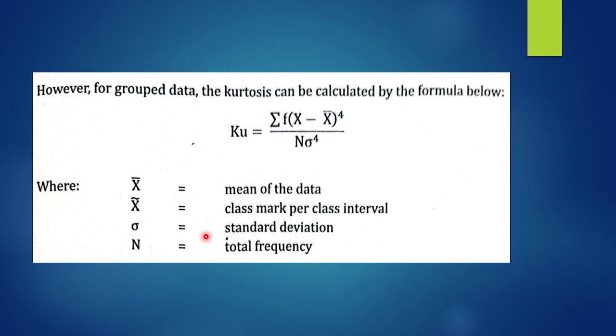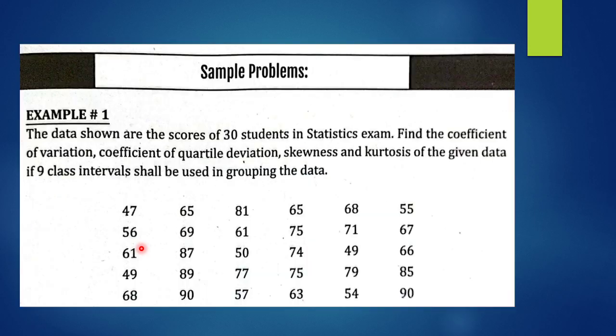So this is the denotation. I know you knew it already. This is the mean of the data, the x is the class mark per class interval, and this one is the standard deviation. Wait, this one is the median class, because there is something written above. So, this is the standard deviation and this n is the total number of population or the total number of frequency.